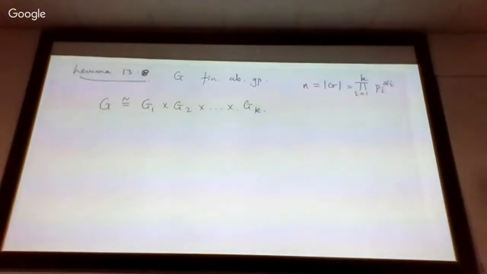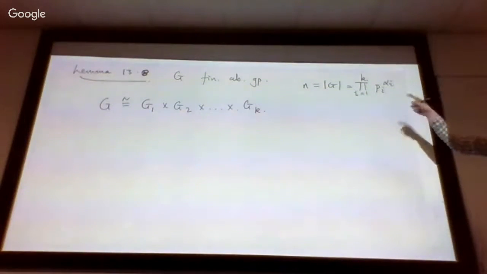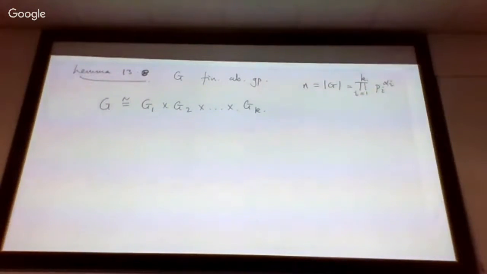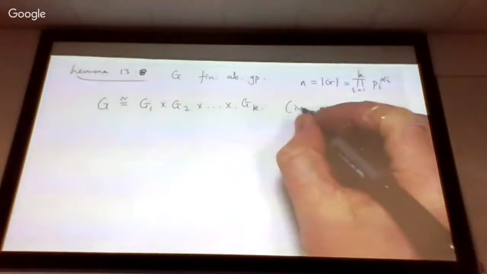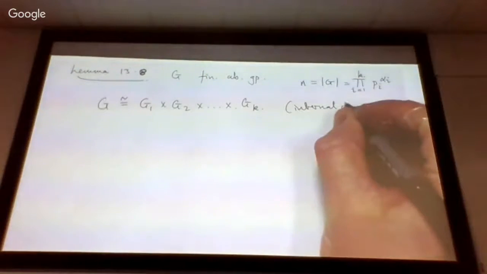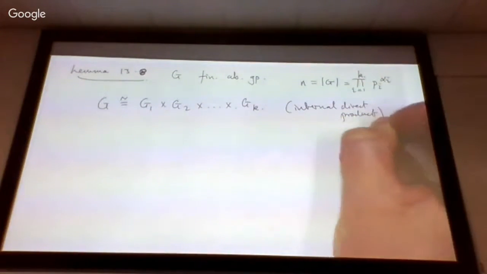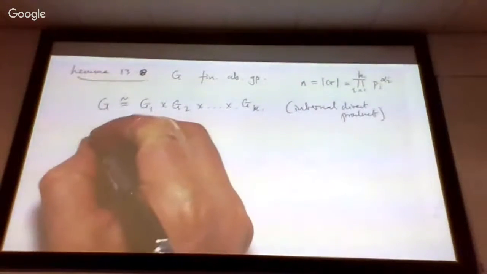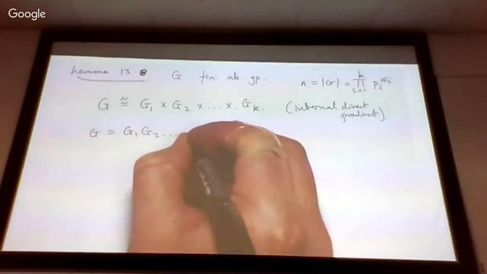So this is the prime factorization of N, the order of G. Typical prime factorization: there are K different primes that divide N, and for each of those primes, we've got one of these groups, GI. This is an internal direct product. So G is isomorphic to the direct product of these, but G is actually equal to just the plain set-wise product of these.